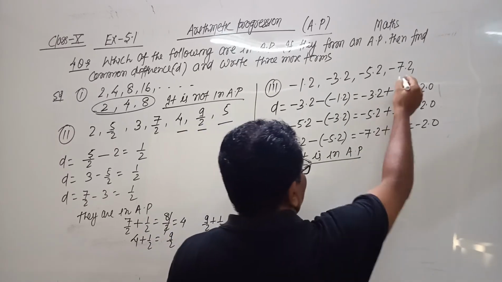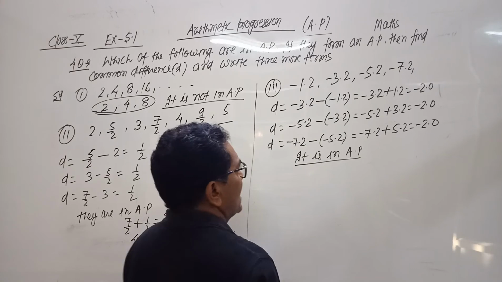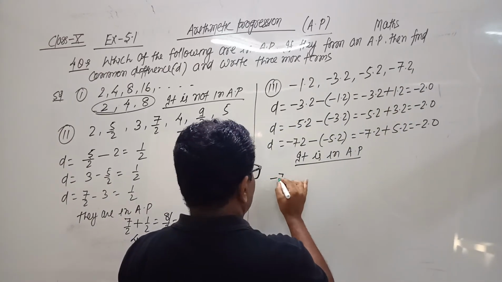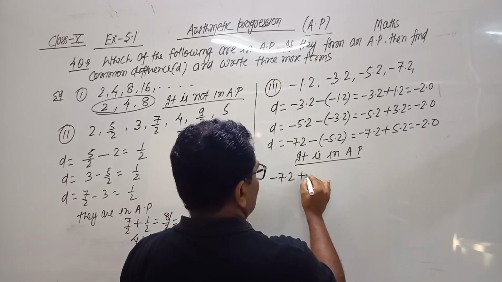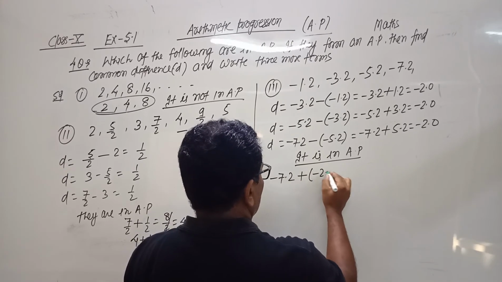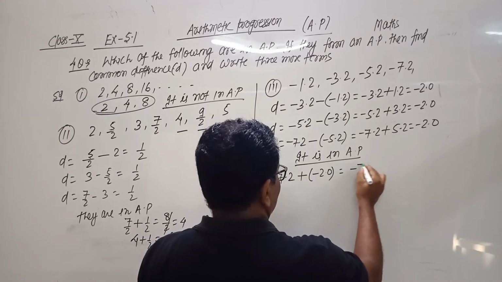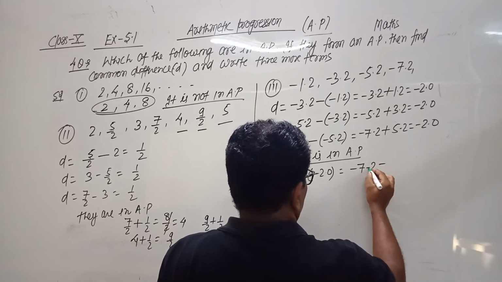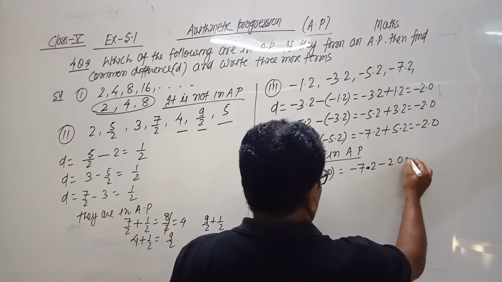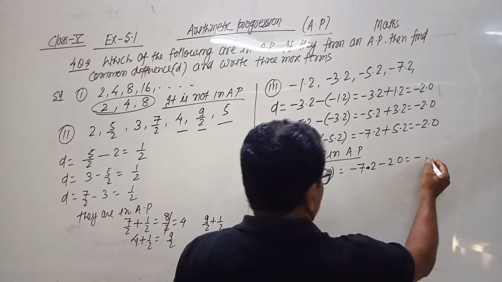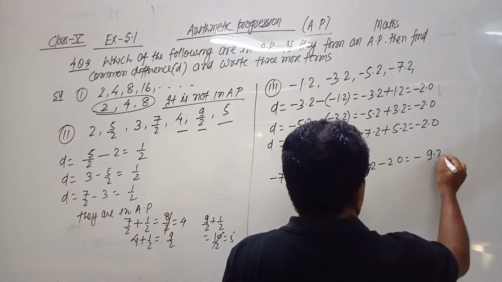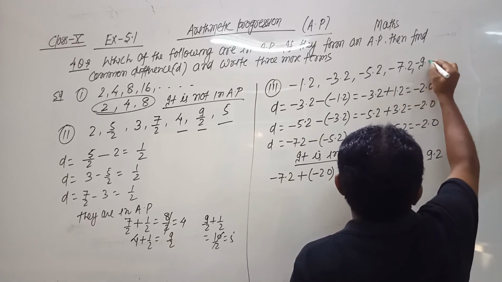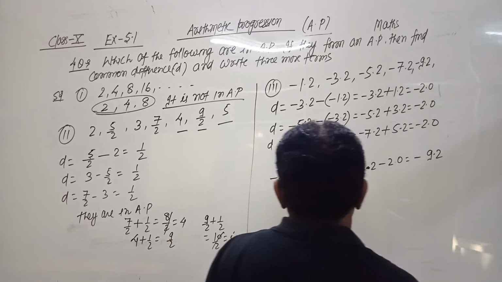For finding the next term, we add the common difference to the last term. So minus 7.2 plus minus 2.0 is minus 9.2. So we get the next term, minus 9.2.